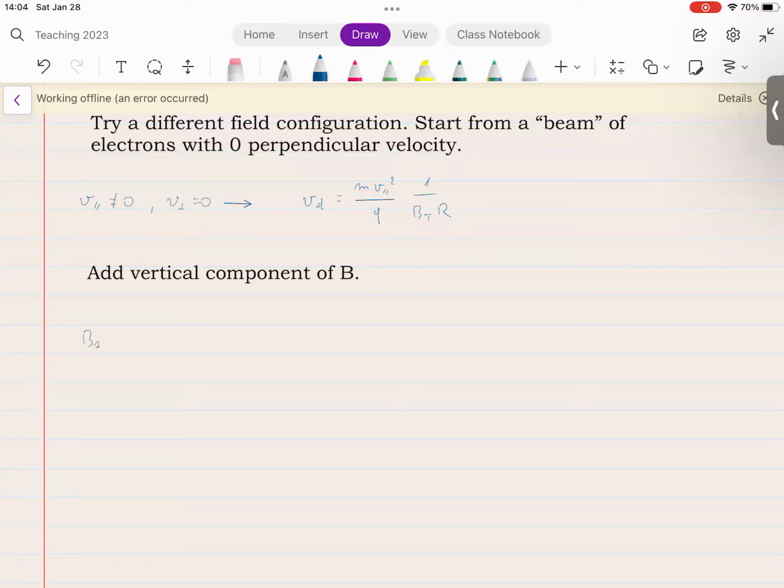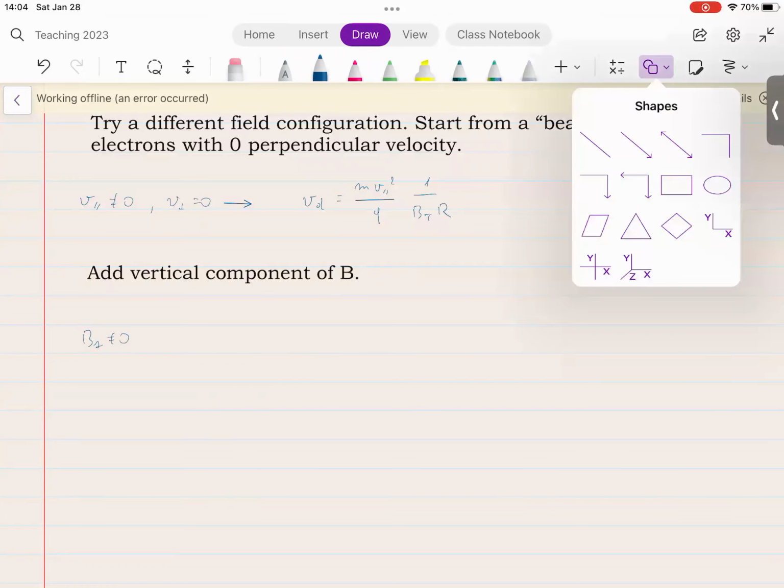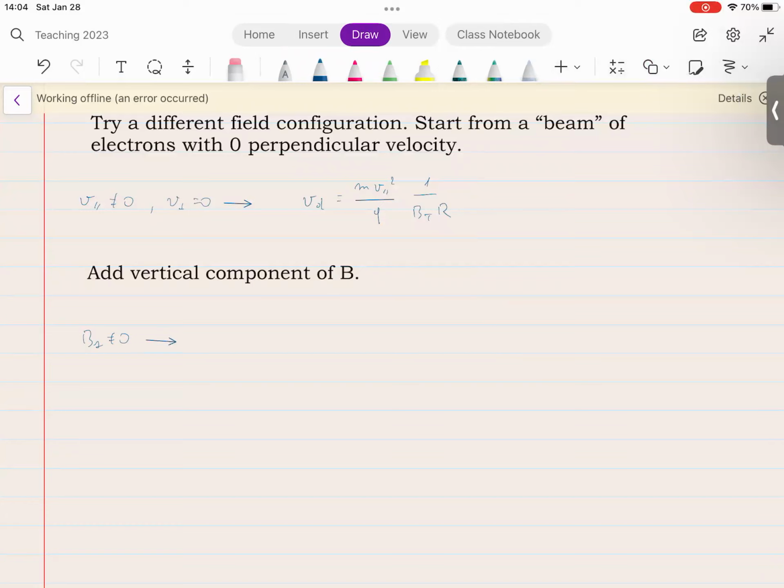If Bz is not 0, I'm going to get a velocity v that is v parallel times Bz divided by B toroidal.